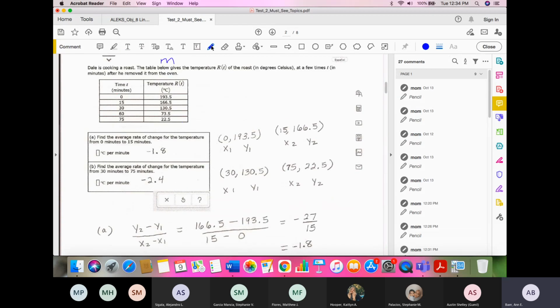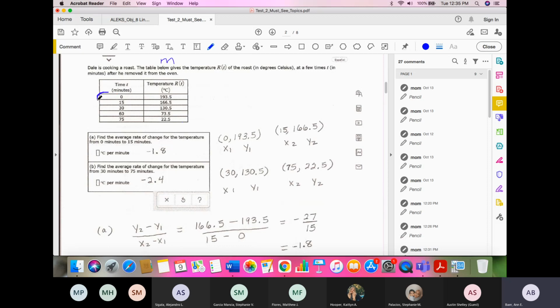So we want to figure out where 0 and 15 are in our table. Here's 0 minutes in our table, right there. 15 minutes is right beneath 0 minutes.